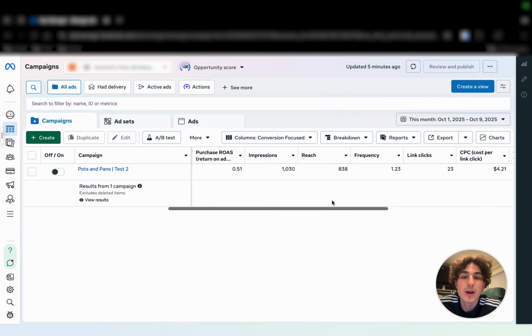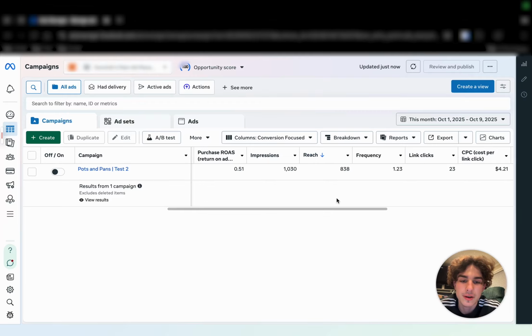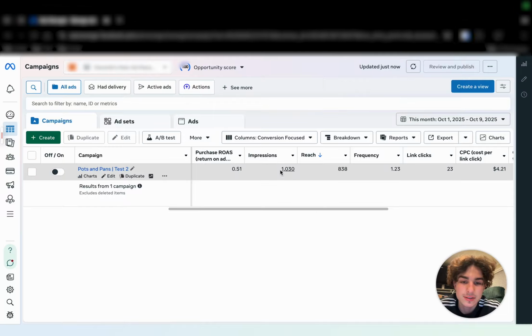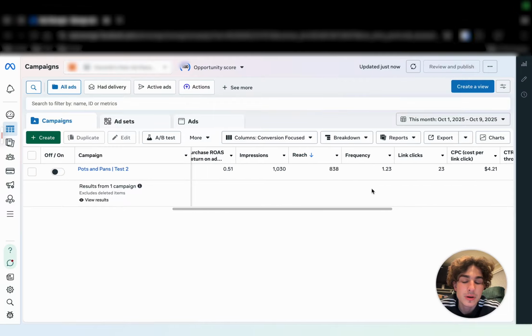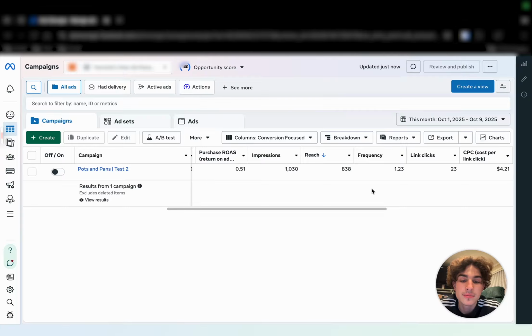To put it short, impressions is the total number of times people see your ad. Reach includes only the unique people, and it's less than the impressions. We'll go to frequency. Frequency is the value that explains the relationship between impressions and reach.